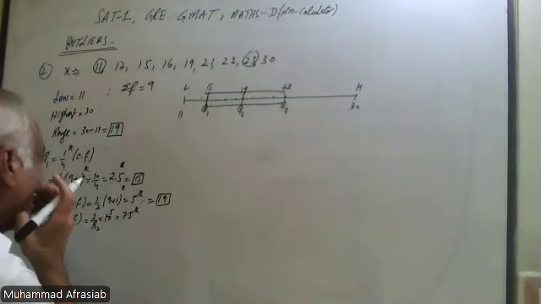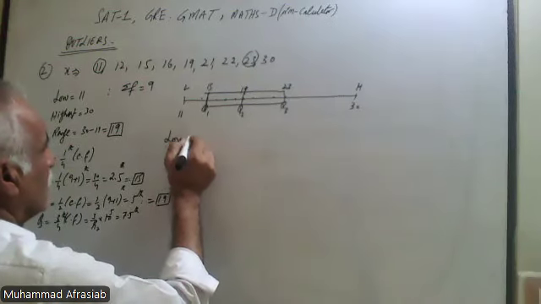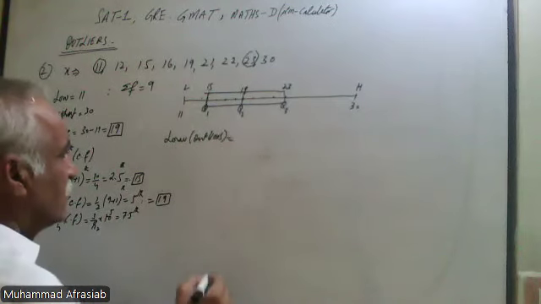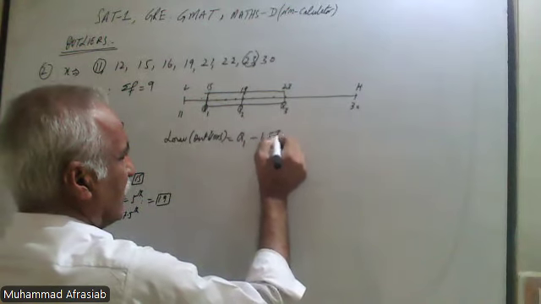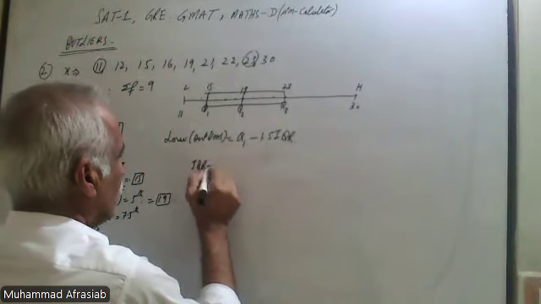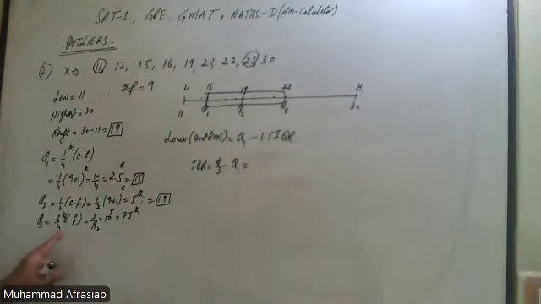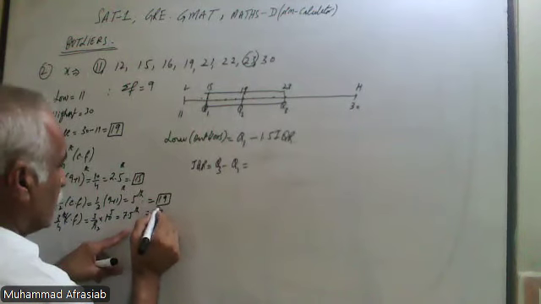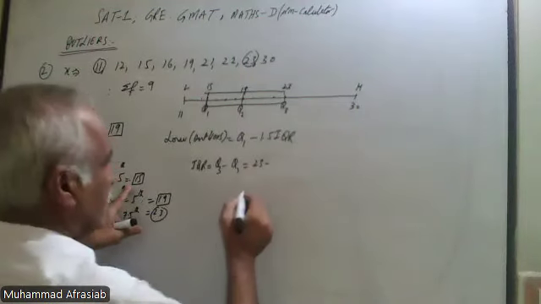Now you can find out the lower outliers, which is Q1 minus 1.5 of IQR. IQR is basically equal to the upper quartile minus the lower quartile, where the upper quartile is equal to 23 and the lower quartile is 15.